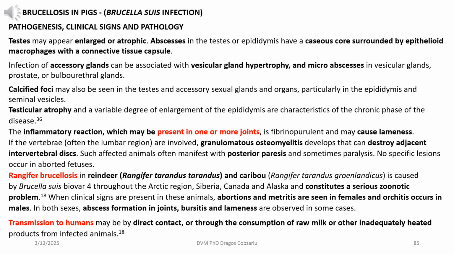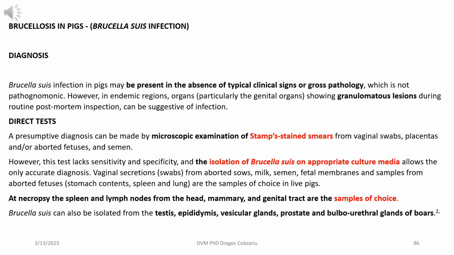Diagnosis: Brucellosis infection in pigs may be present in the absence of typical clinical signs or gross pathology, which is not pathognomonic. However, in endemic regions, organs, particularly the genital organs, showing granulomatous lesions during routine postmortem inspection can be suggestive of infection.